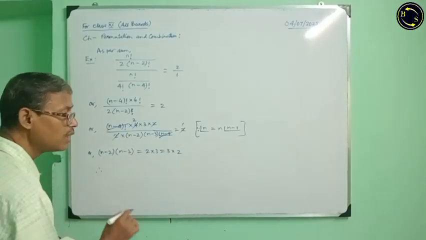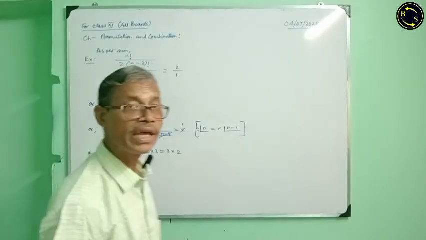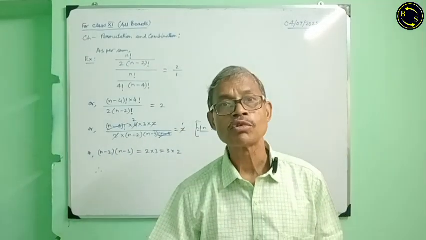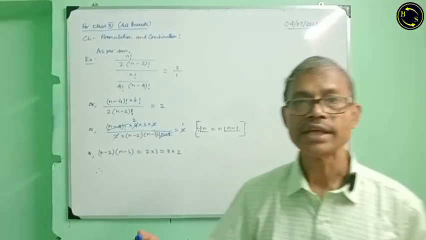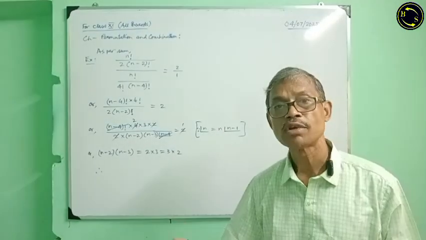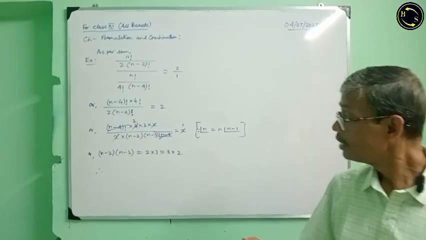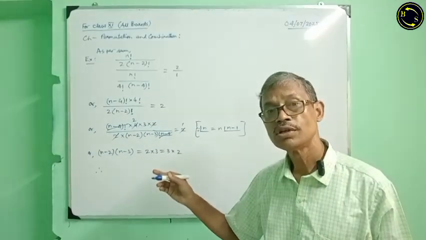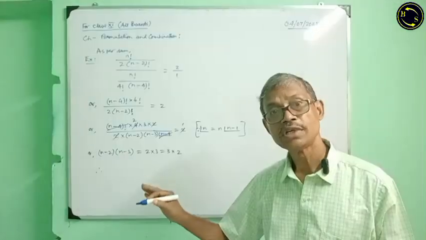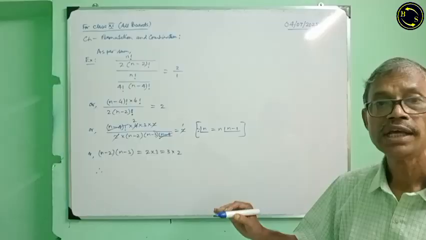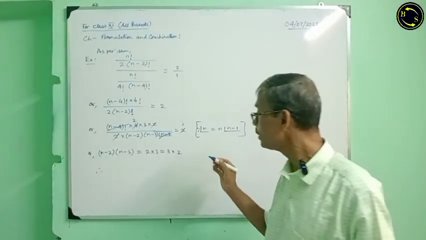Therefore, using that idea, if we can express left side as product of two or more successive numbers and right side also as product of two successive numbers, then we can take the lowest of the left is equal to lowest of the right, or greatest of the left is equal to greatest of the right.